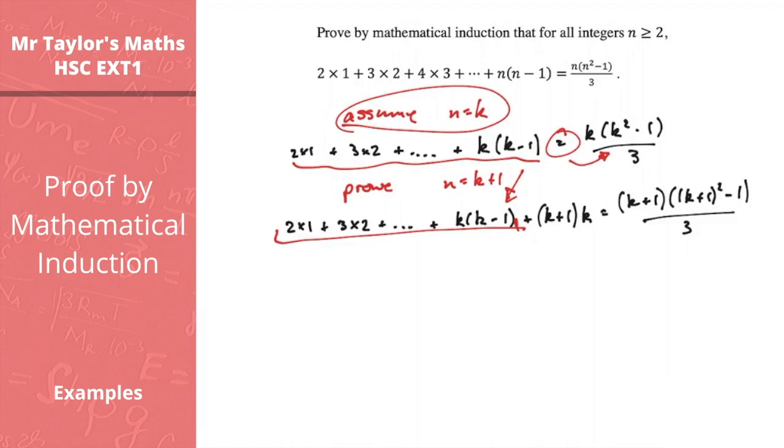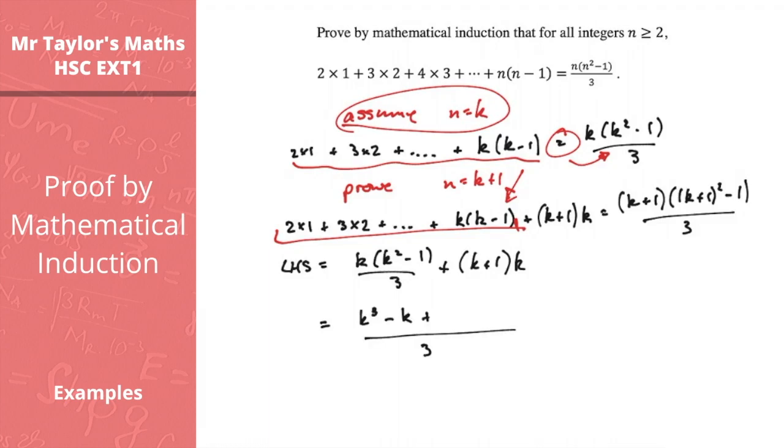Okay, so we can say that my left hand side will become k squared minus 1 all over 3 plus k plus 1 times k. Now if we group everything together here, we can get k cubed minus k plus, now I need that common denominator of 3, so there's going to be 3k squared plus 3k, which, grouping my like terms, is k cubed plus 3k squared plus 2k over 3.